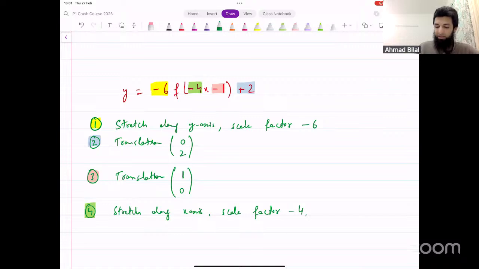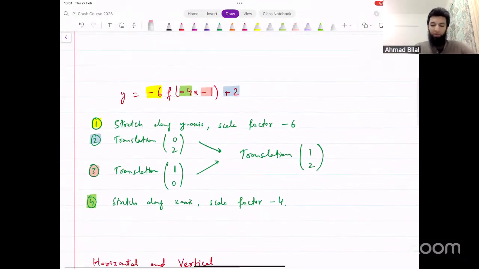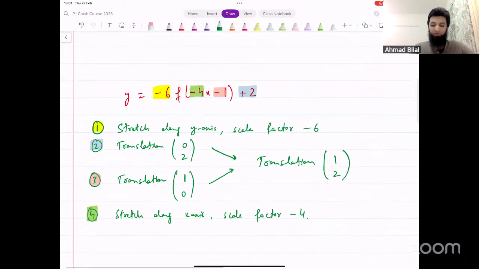It is allowed to combine them as a single translation as well, and write this as a single vector (1, 2). Okay, but if there was some other transformation between these translations, for example, if there was a stretch between them, then we would not be able to combine them. We can only combine when they are one after the other. Okay, so this is what it would look like, all of these transformations, if we were to describe them.